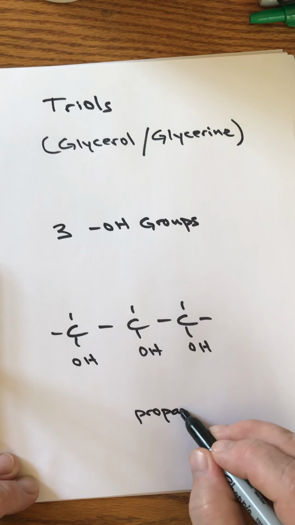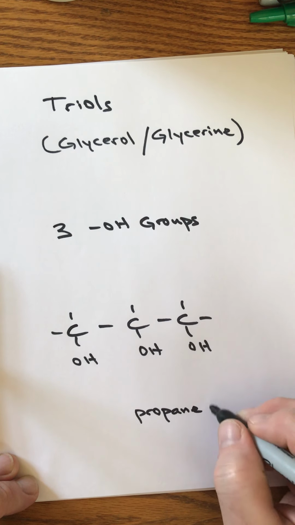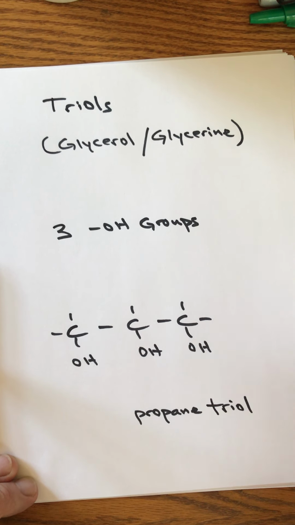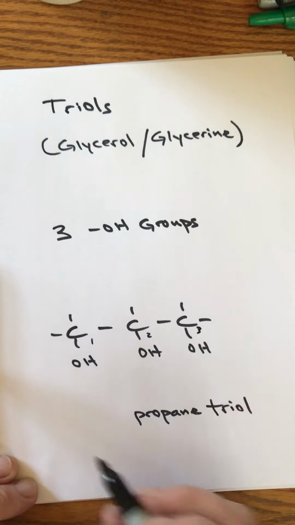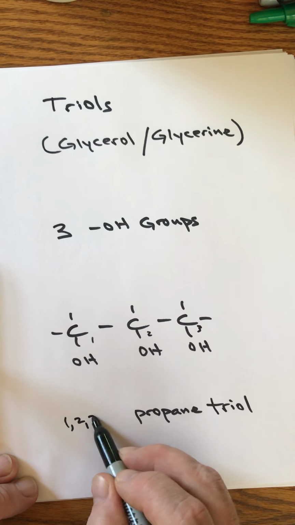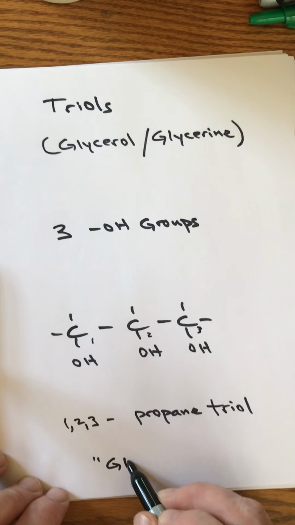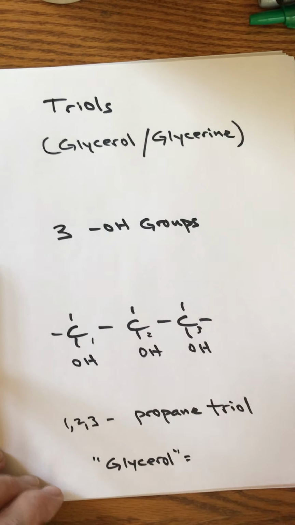Single bonds, that's ane. 3 OH groups, that's triol. Which carbons are they on? Well, one's on the first one, one's on the second one, one's on the third. 1,2,3-propanetriol. That's glycerol.